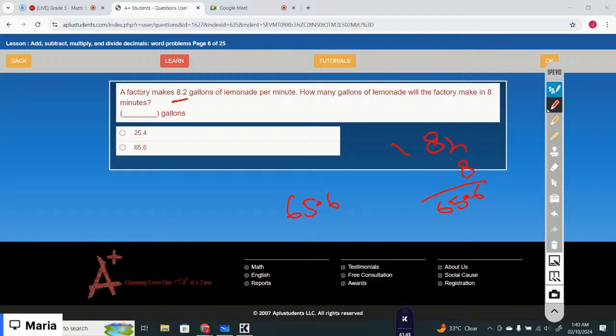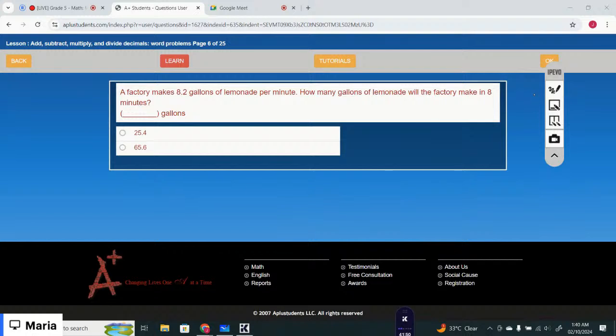Got it? That is option number two. 65.6 is the correct option.